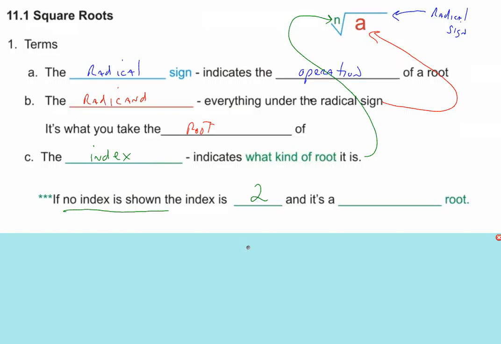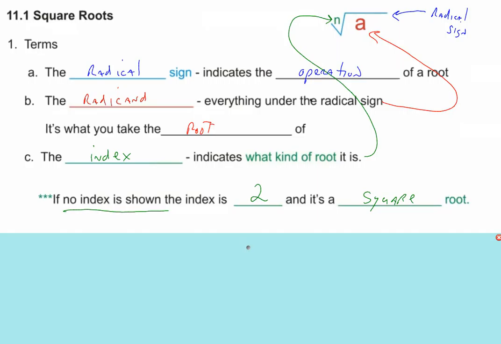And we don't show 2's. We just show the radical sign, and you're supposed to know the index is 2. You already know the second part. If there's no index shown, you know it's a square root. A square root. And I'll explain what all these things mean in just a moment.